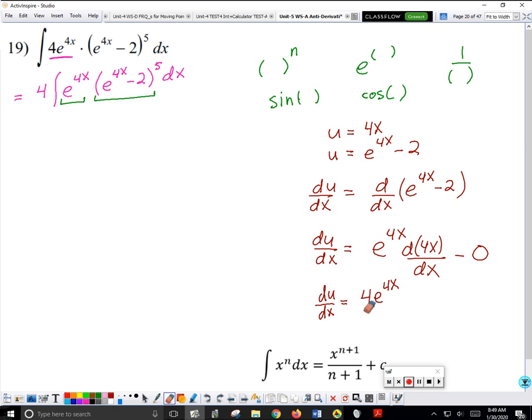But notice how the choice of u, strange grammar again, when I took the derivative of my choice, I ended up with the other of the two multiplying functions, because the multiplying 4 doesn't really matter. It's a perfect match.